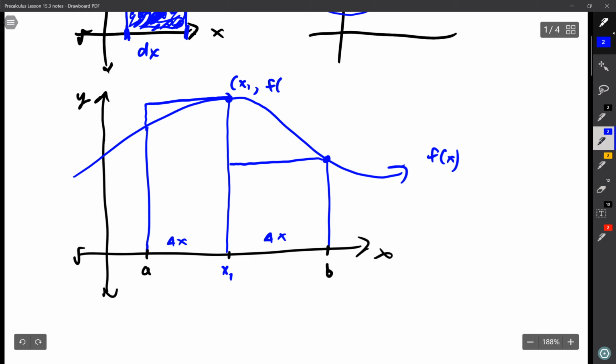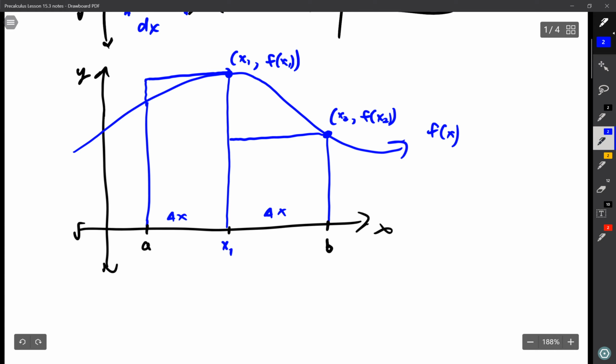And then this point here, this would be x sub 2, which is B. We'll say x sub 2, comma, and the height is going to be f of x sub 2.